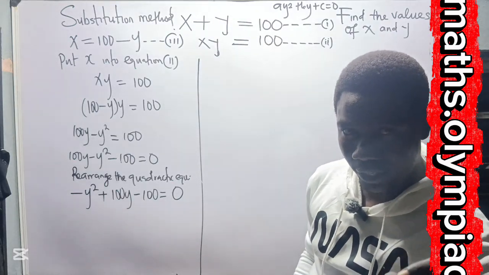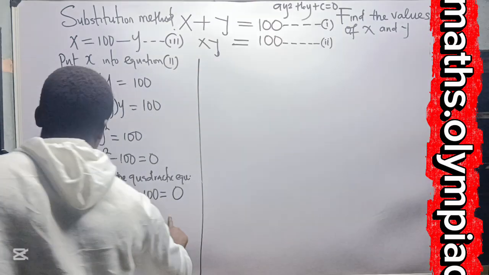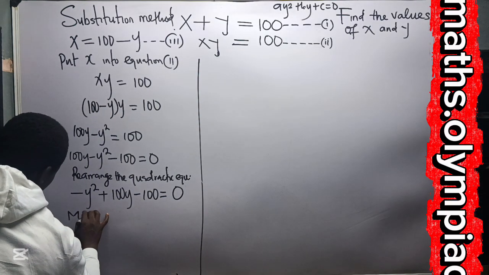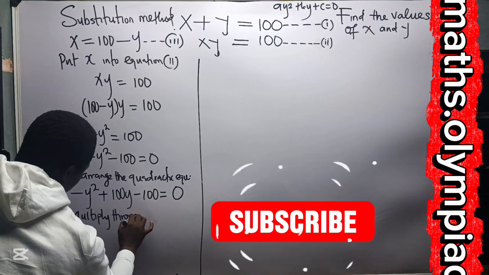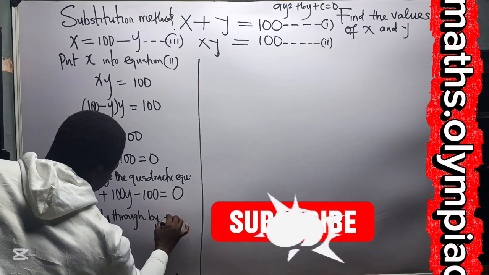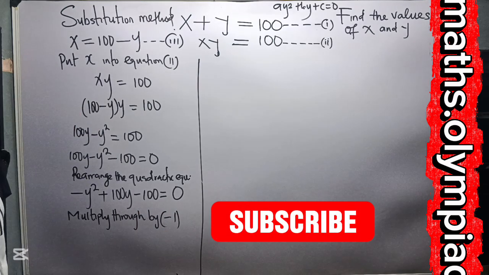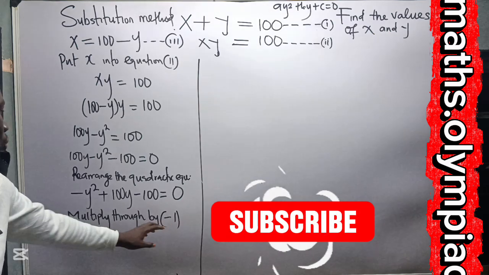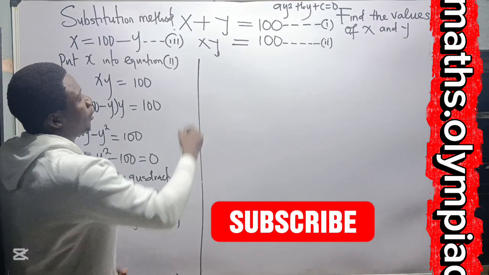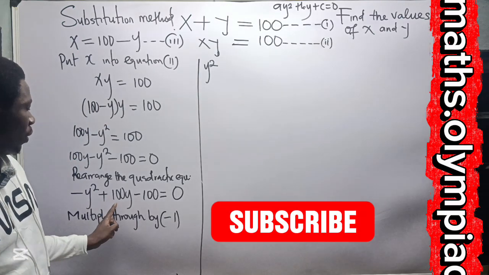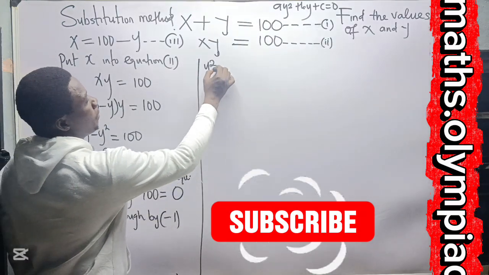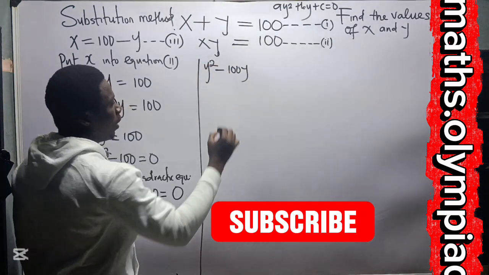Yes. So if I multiply through by minus 1, minus 1 times this will give us positive y squared. Minus 1 times this will give us minus 100y.